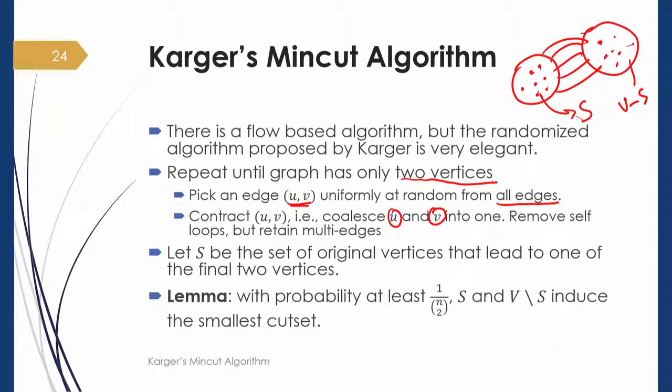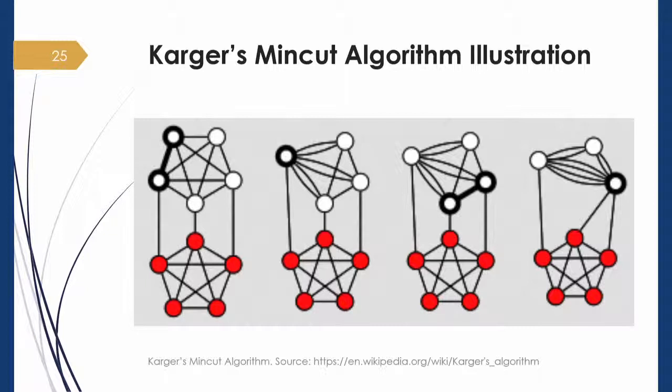The claim now is that with a good probability, non-zero probability, in fact, 1 by polynomial in n probability, S and V minus S actually induce the smallest cut set. This seems quite magical. Let us look at an example that might give us some intuition as to why this is true, and in the subsequent segment we will actually analyze it more carefully.